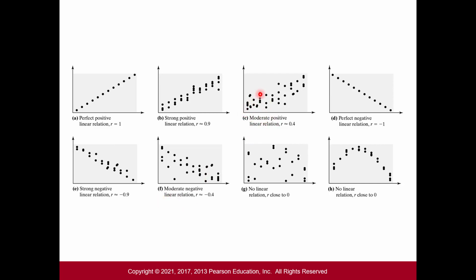And notice the data is a little more scattered about, but it is still increasing together toward the right. r is about 0.4 here, r is about -0.4 here. The data is looking like it's decreasing to the right. And then in G, there's no linear relation at all, so r is close to 0 here. And then similarly in H, there's no linear relationship, so r is also close to 0.